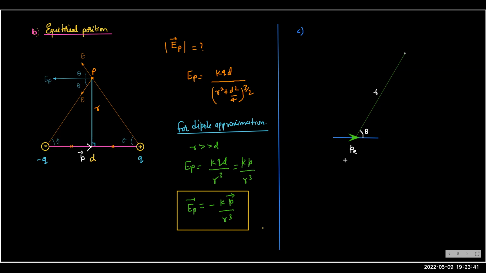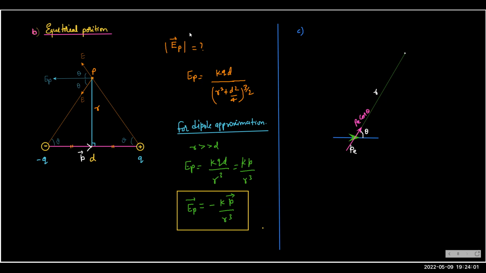So this dipole will have two components. What we do is resolve the dipole moment. If the dipole moment is P vector, then this component we can write as P cos theta, correct?